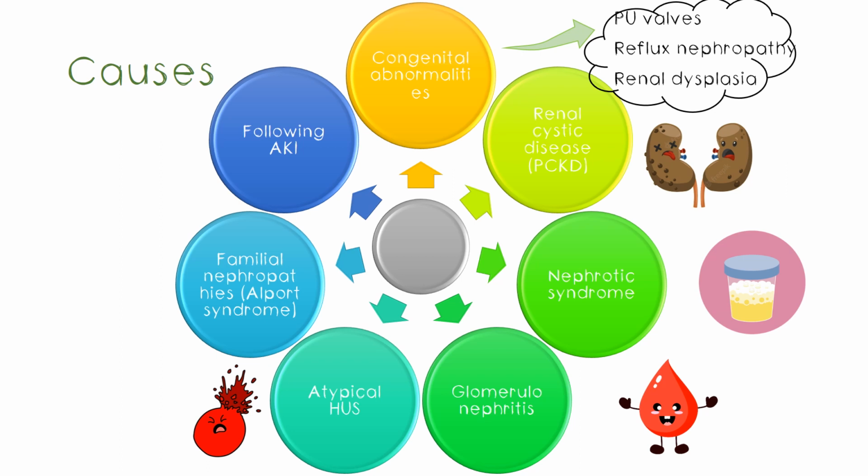Another familial condition we have to look out for is Alport syndrome, which is a nephropathy associated with hearing loss in children. Rarely, a bout of acute kidney injury, either following an infection or some other cause, can lead to CKD.